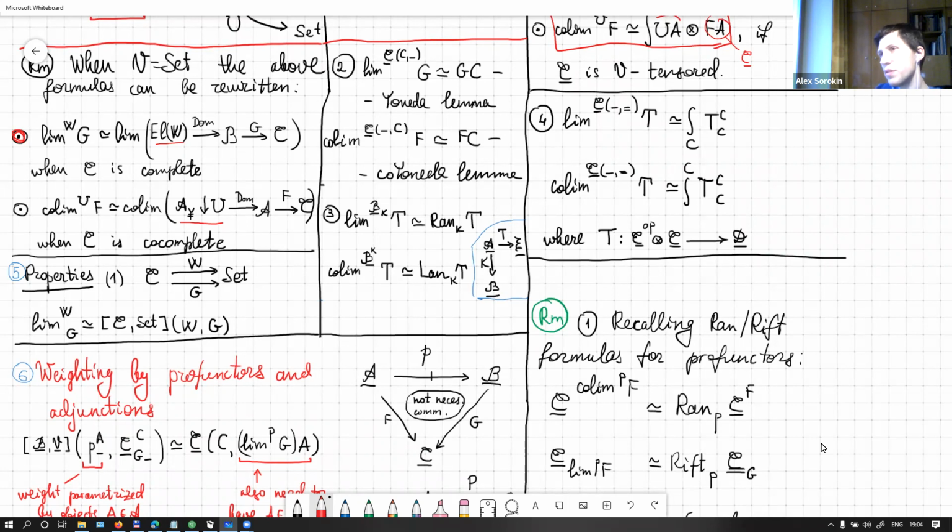Okay, the second property is the following. If we weight our functor G with a representable functor, so our weight is representable, this will give us evaluation on the representing object. How does this appear? Well, this is our Yoneda lemma.